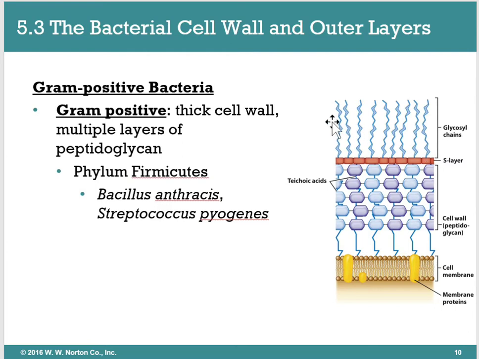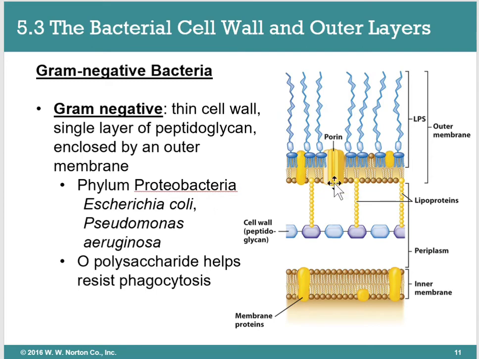And then also it has just a little bit of glucochains over here, as compared to gram-negative, which only have a single layer of peptidoglycan. So they have a very thin cell wall, but they have an outer membrane as compared to gram-positives.